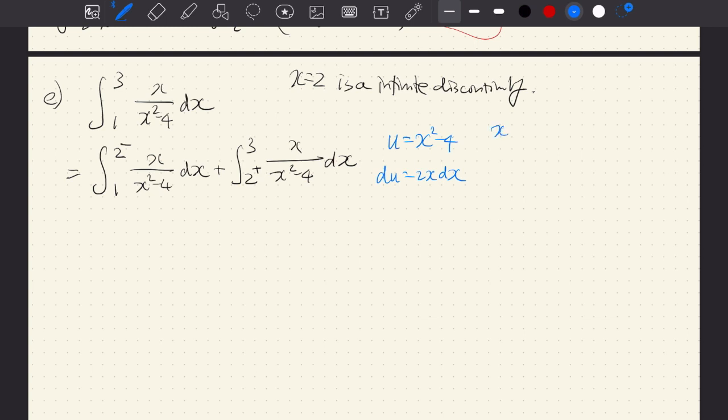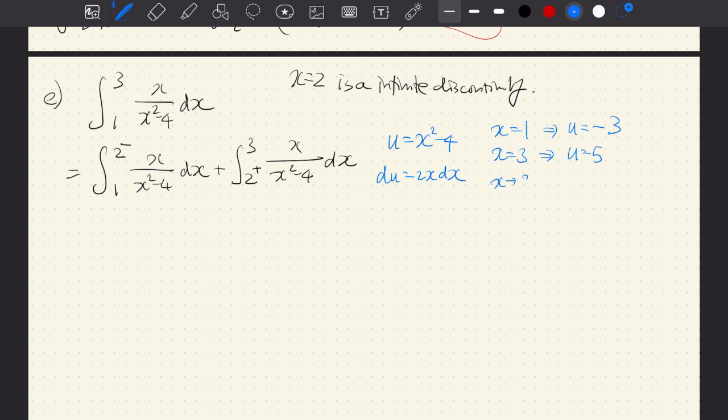When x equals 1, then u is equal to 1 squared minus 4, so it's negative 3. When x is equal to 3, then u is 3 squared minus 4, which is 9 minus 4, which is 5.